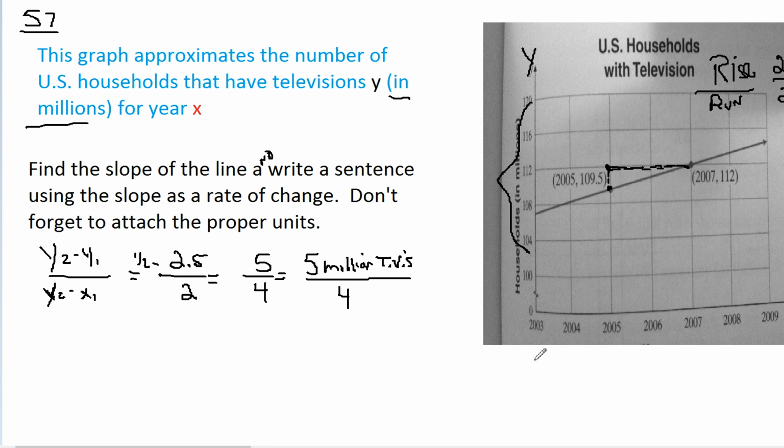I guess it's households increase. 5 million TVs for every 4 years. I guess that's the best way to say it. That's how many televisions are growing. So the U.S. households with television is still growing through these years and beyond. 5 million TVs are added every 4 years. Here's my years, and that would be the x-axis here. Y over x. Okay? I thought everyone had a TV.